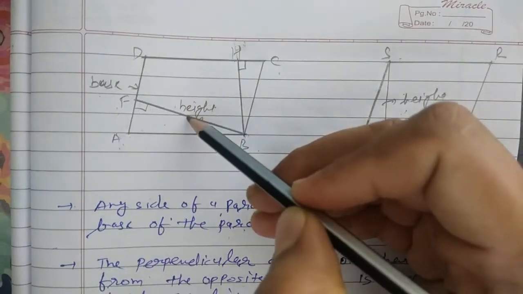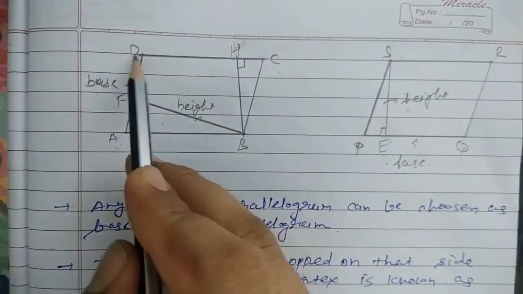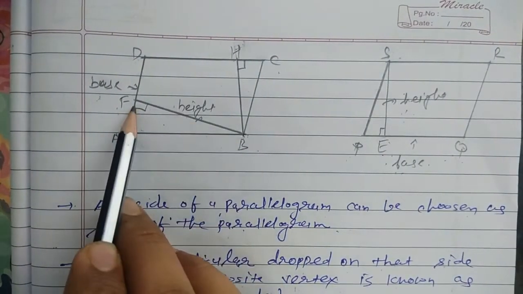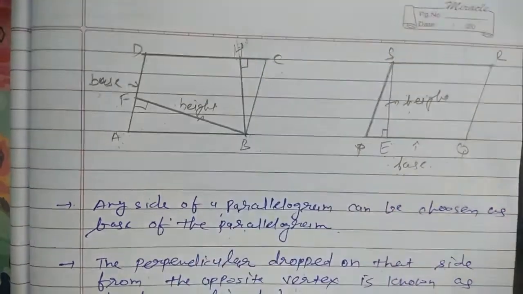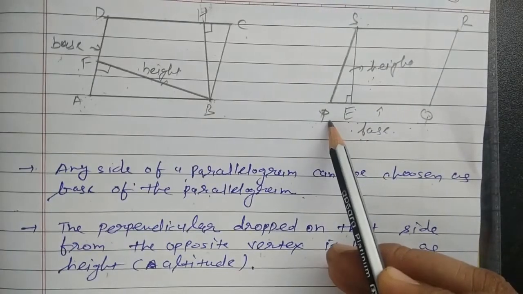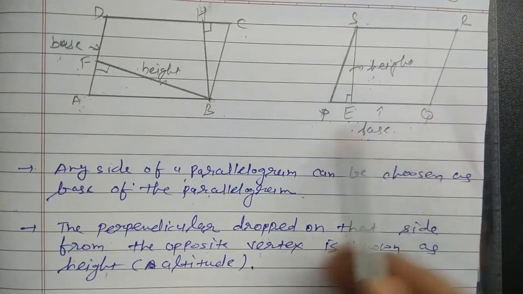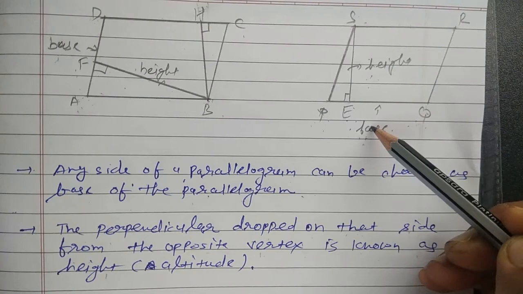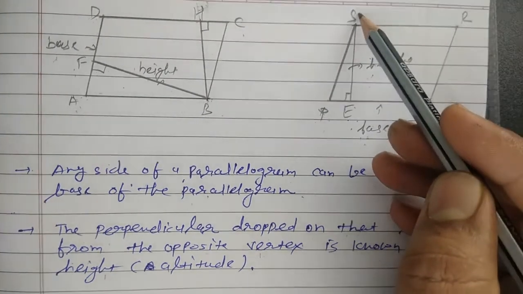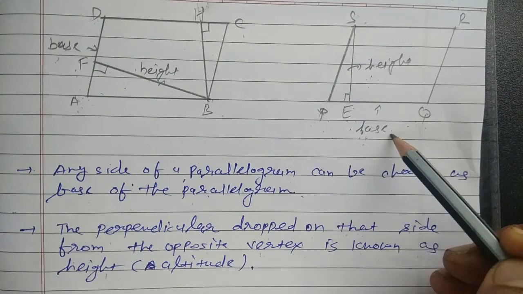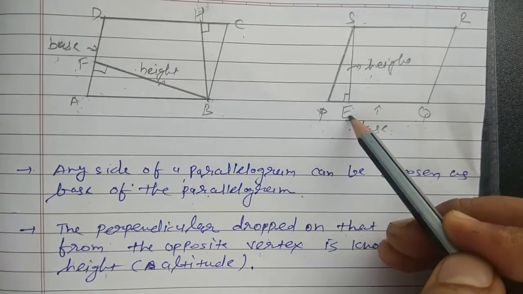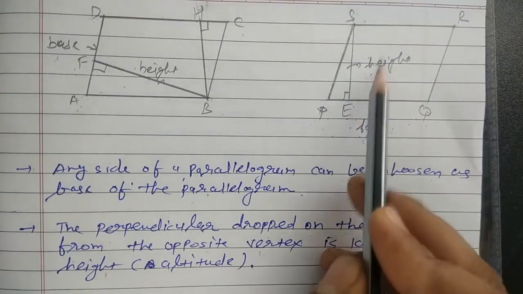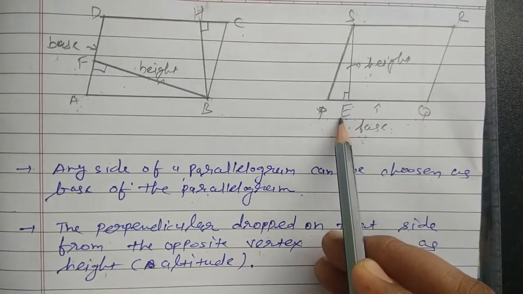As we have chosen AD as our base, we can take only BF. We cannot take BH. Similarly in parallelogram PQRS, PQ is the base, so the perpendicular should be drawn from the opposite vertex to this base only, that is nothing but SE. So in PQRS, base is PQ and height is SE or ES.